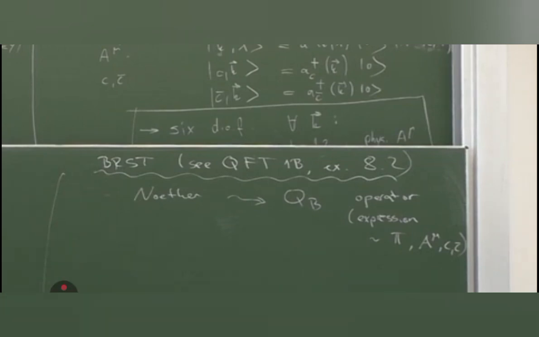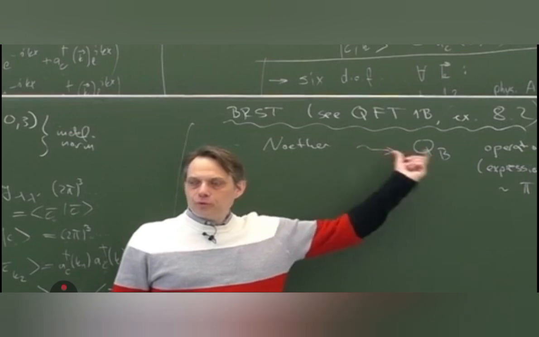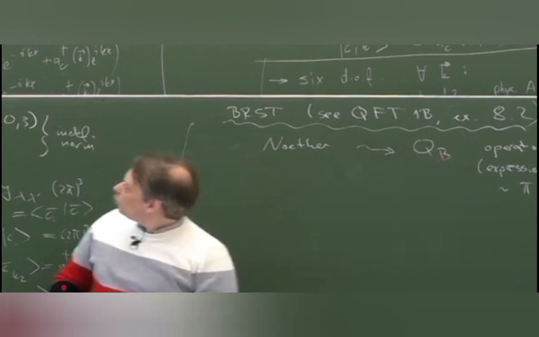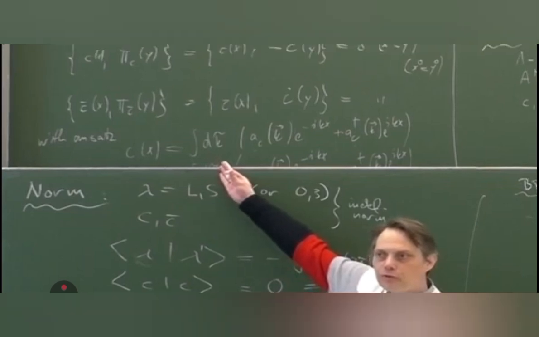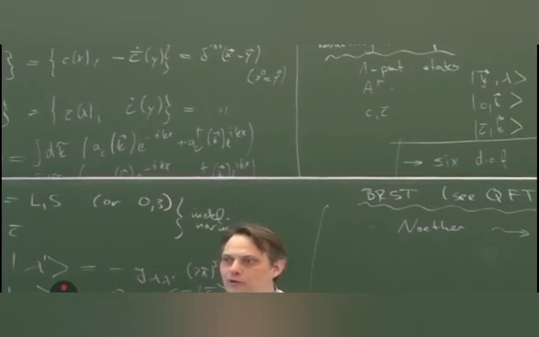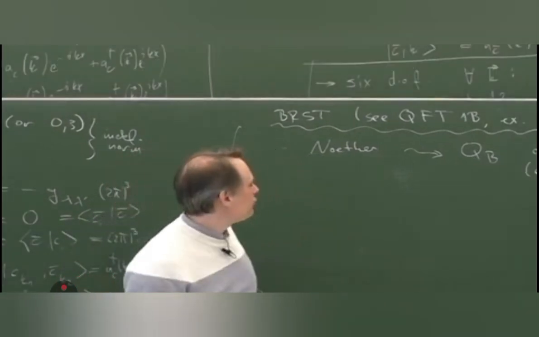And it is an automatic consequence of the entire setup that the commutational relations of this operator, which follows from the Noether theorem, are such that if you do a commutator of this with the original fields of the theory, you get the symmetry transformation of the fields on the classical level. This is an automatic consequence of the Heisenberg equations of motion of the field and the commutational relations.